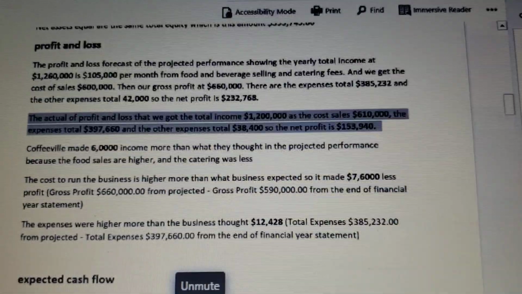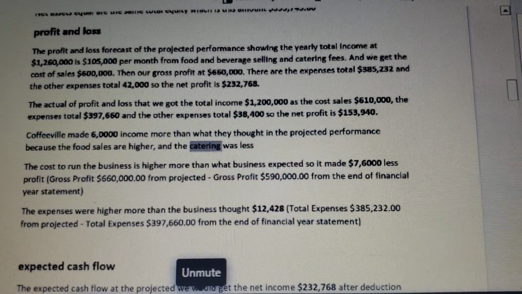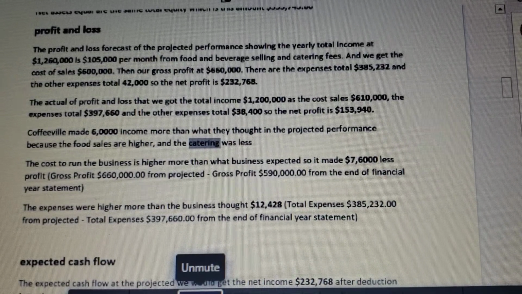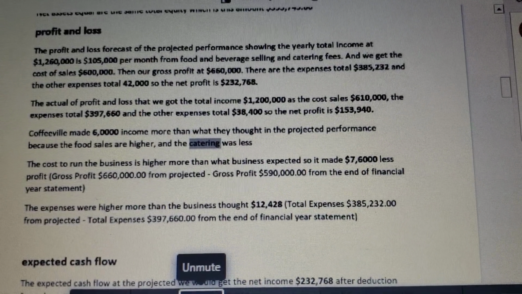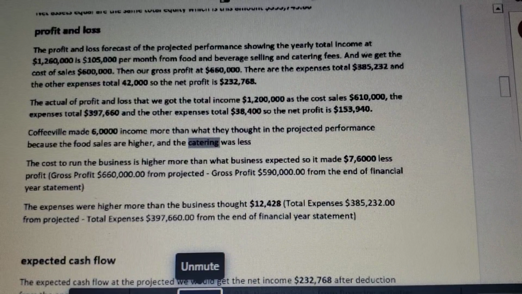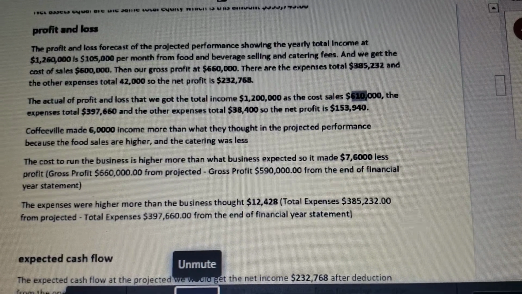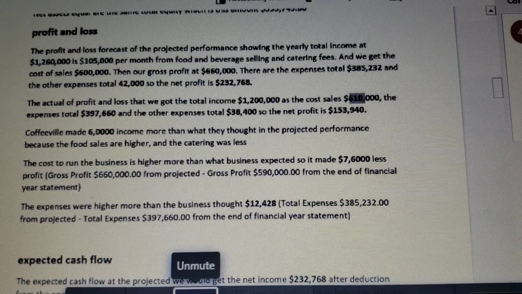The expenses were blah, blah, blah. So kind of just comment, bring it all together, saying they made less income than they thought. Their cost of sales was higher than they thought, which means their gross profit is less.